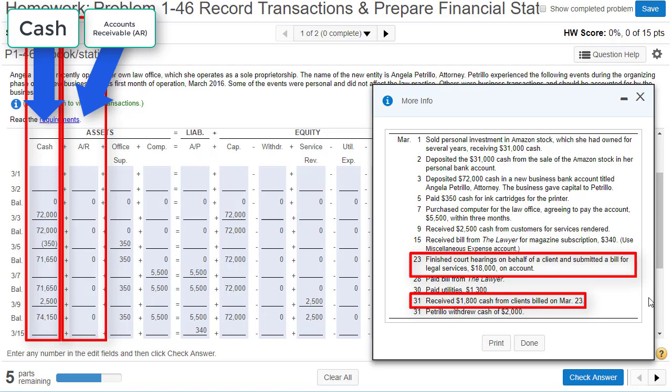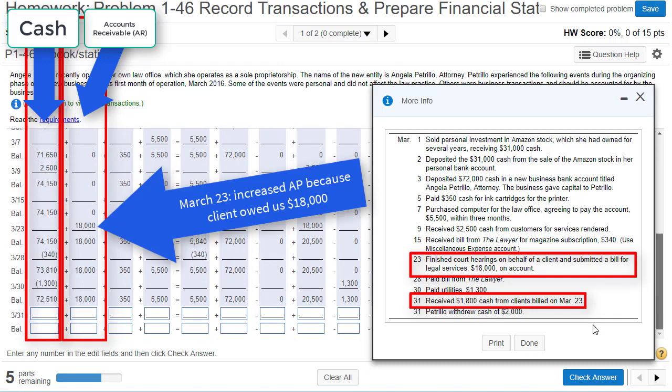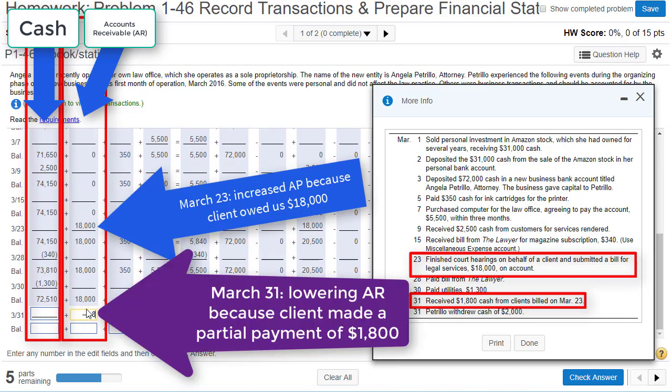Now they are paying part of that, not all of it. So we need to lower accounts receivable by $1,800, which is the amount they paid. And we need to increase our cash by $1,800.